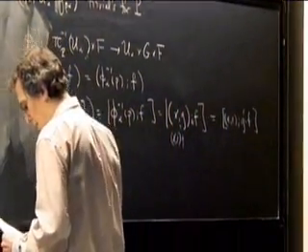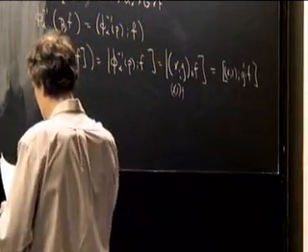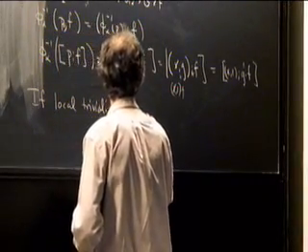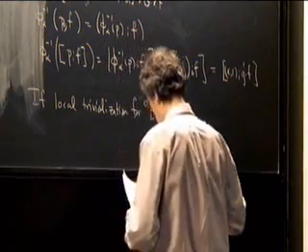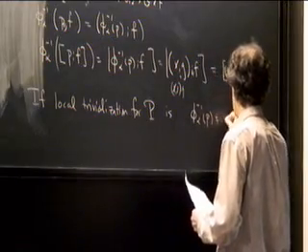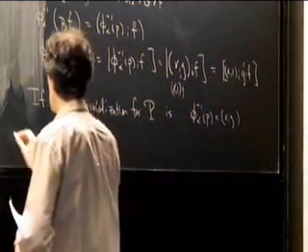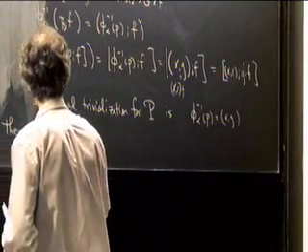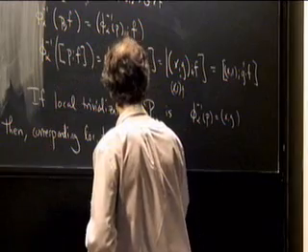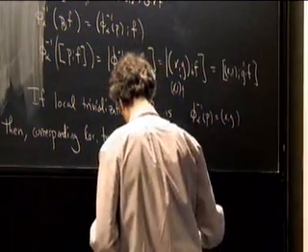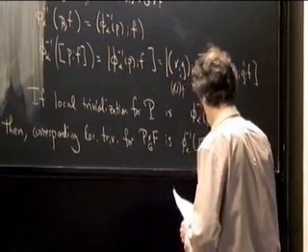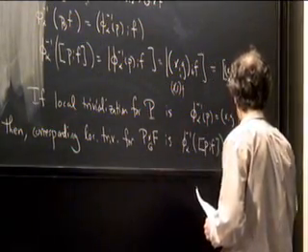Okay. So what we can say is that if the local trivialization for P is phi alpha inverse of P is x comma g, then the corresponding local trivialization for the associated bundle, P cross over G F, is phi alpha inverse of this equivalence class is x comma g dot f.